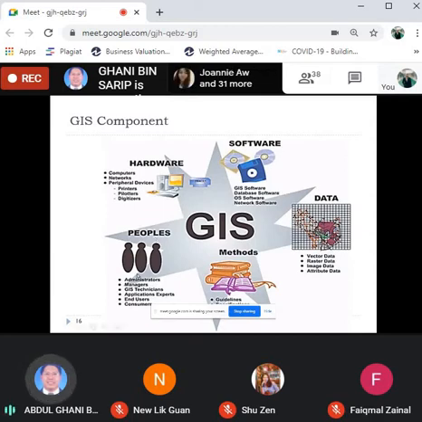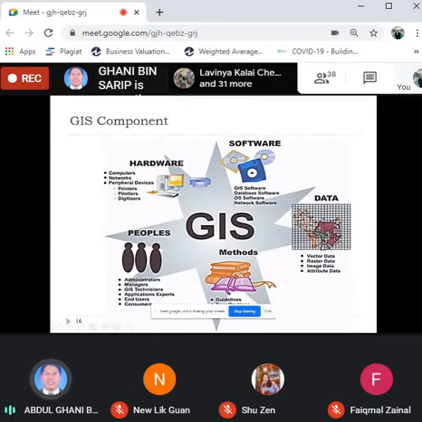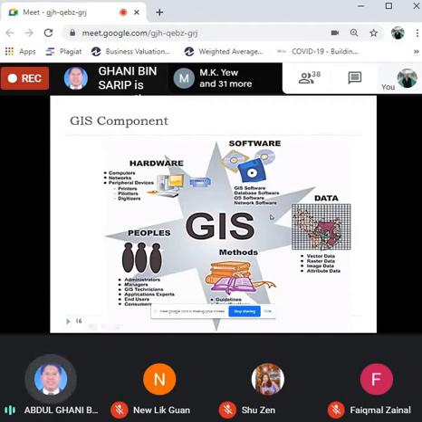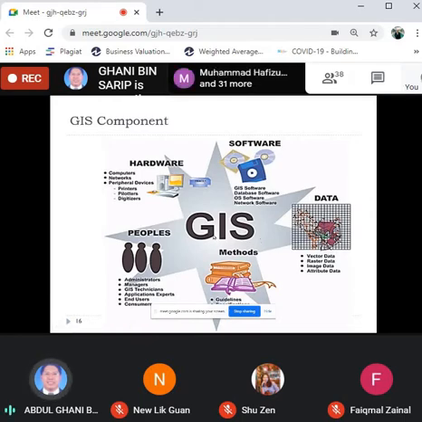And then, of course, we need people to manage the project and manage the database. We also have what we call sets of methods, what best we can do with the spatial data. It could be guidelines, procedures, or functions. But these methods would be based on the type of software that we acquired, because certain software can do much more, and other software might be a lighter version of a GIS.